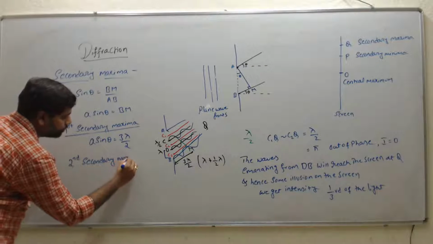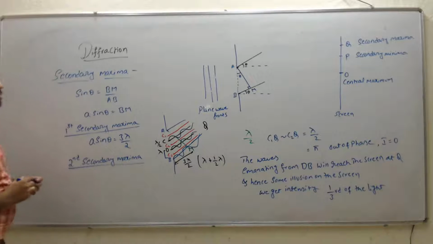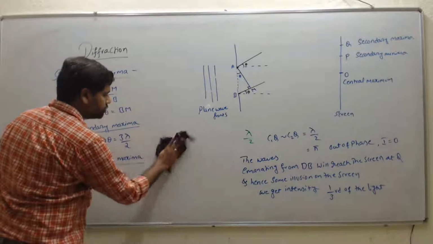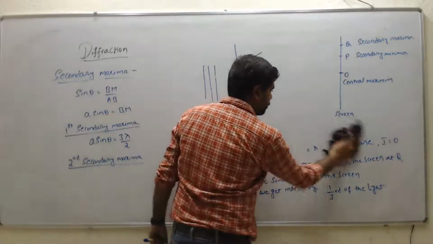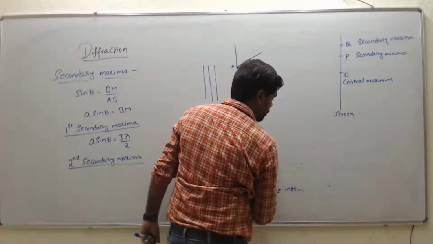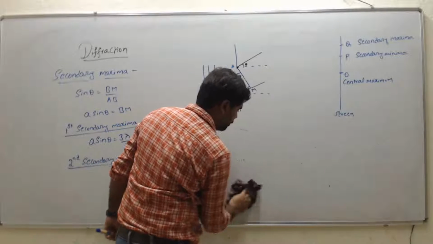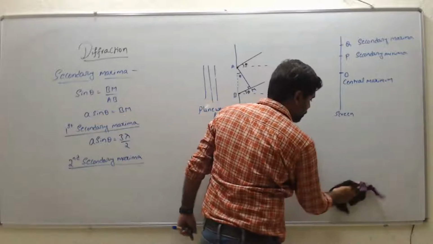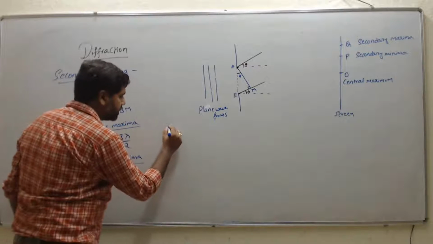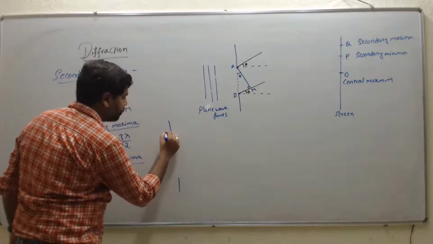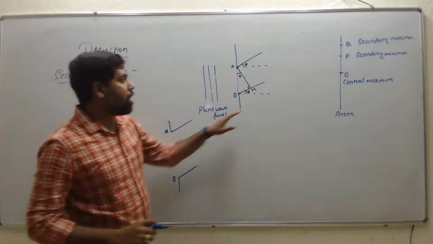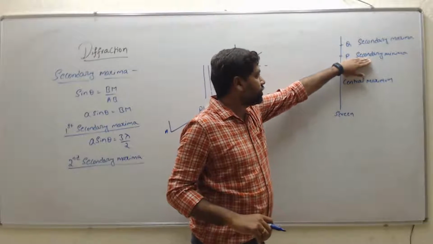considering the slit A, B, now it will reach after Q. We get one point if it is the first secondary minima.